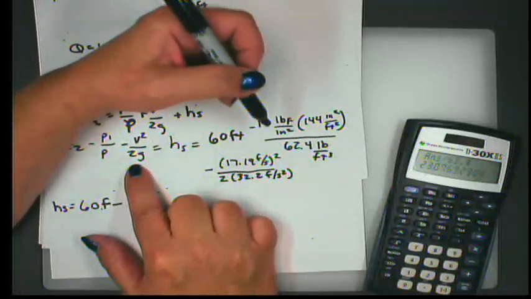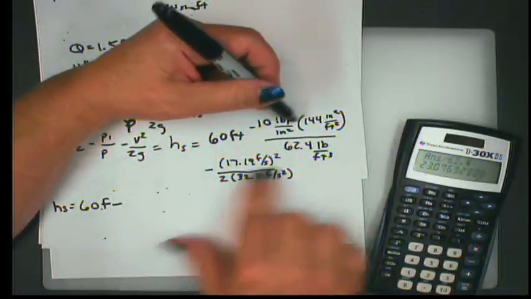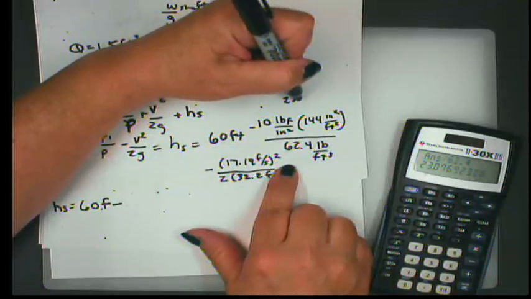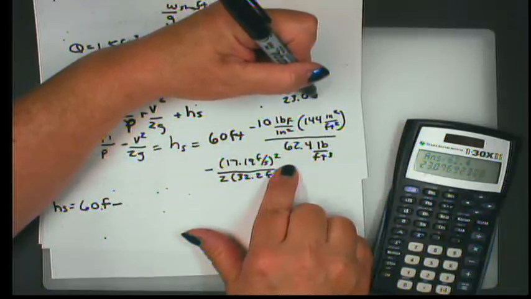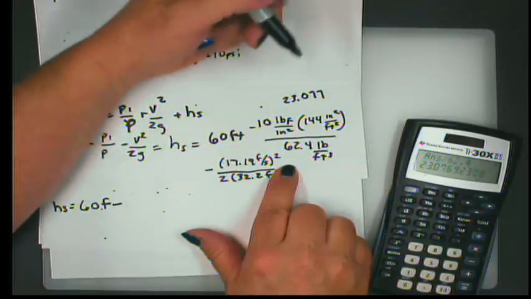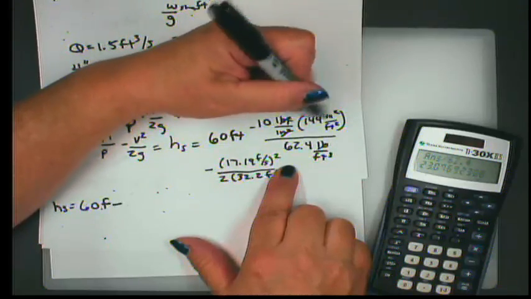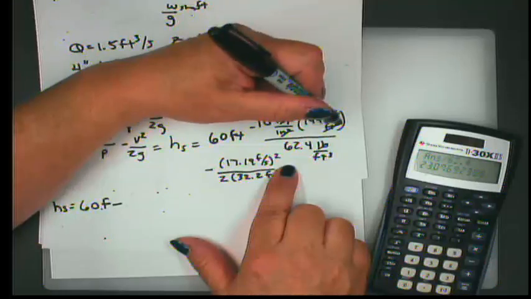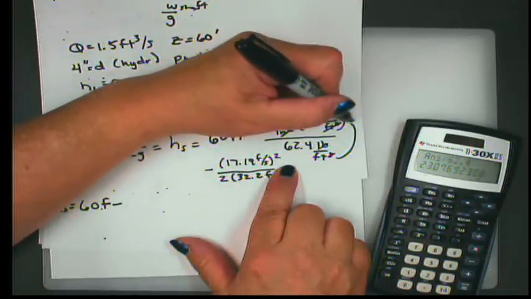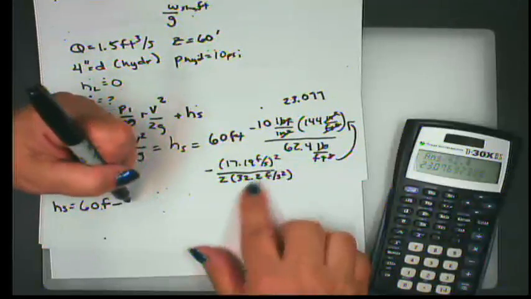That value comes out to be 23.077. I'm carrying way too many decimal places at this point, but I have pounds, pounds, inches, inches, feet squared, feet to the third in the denominator becomes feet.